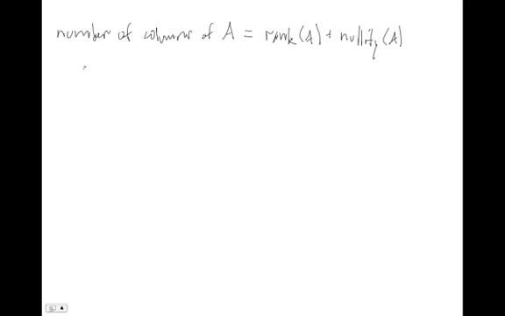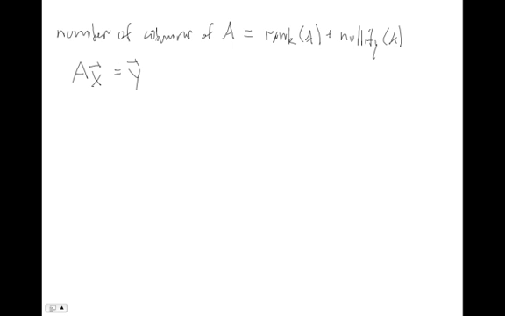I mean, let's go back to our basic equation that A times X is equal to Y. And we said that Y is nothing more than some linear combination of the columns of A, where X is the weighting function of how much do I weight each of the columns of A. So it's really the columns of A that are really kind of important in thinking about the solution of Y. So it's the number of columns of A that add up to the rank plus the nullity.